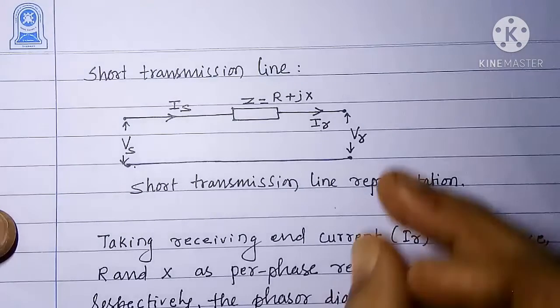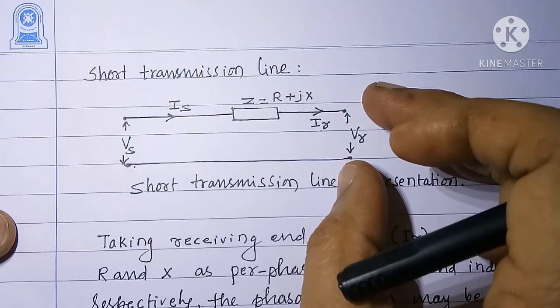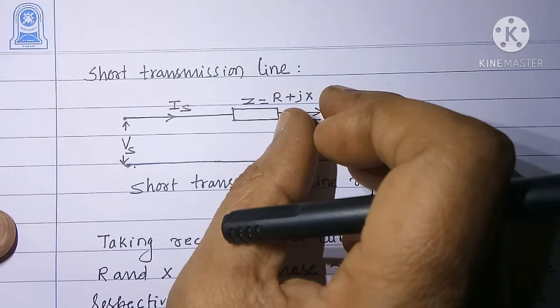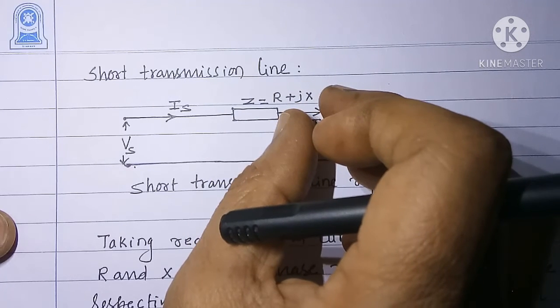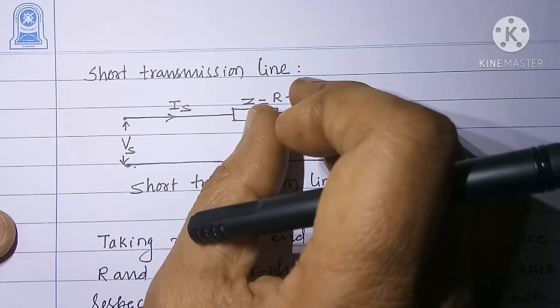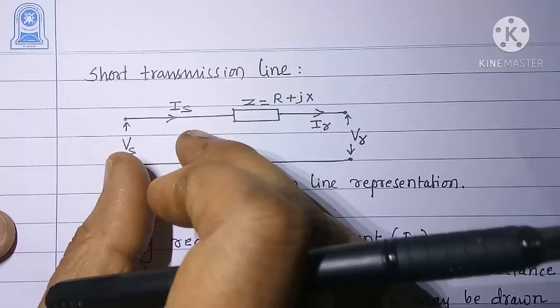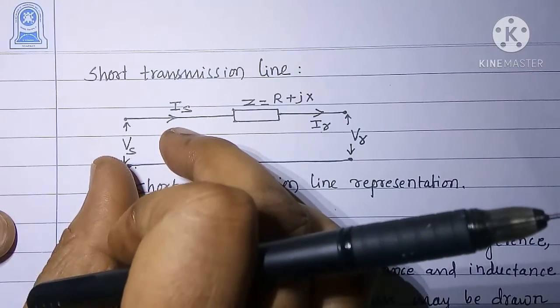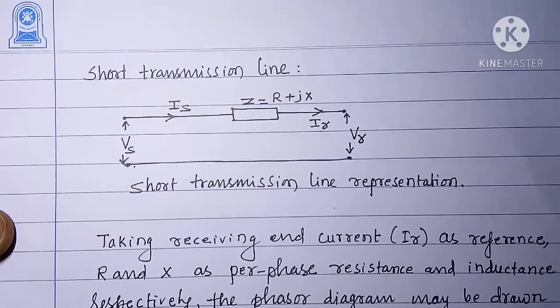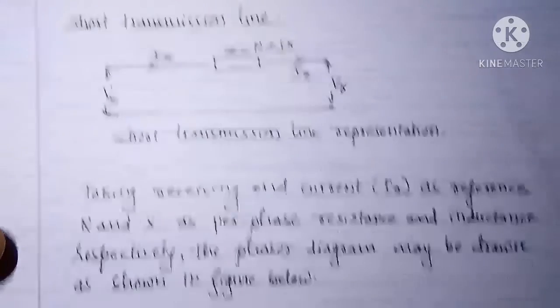If we add voltage at receiving end, drop in inductance and drop in resistance, then we get the sending end voltage. So that we will now show in phasor diagram.